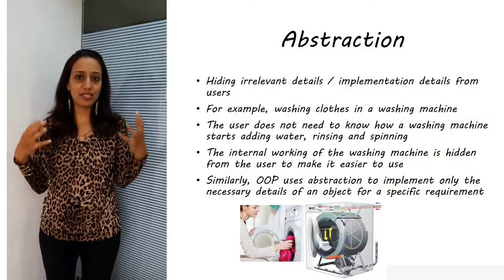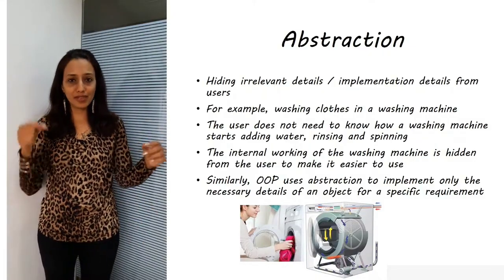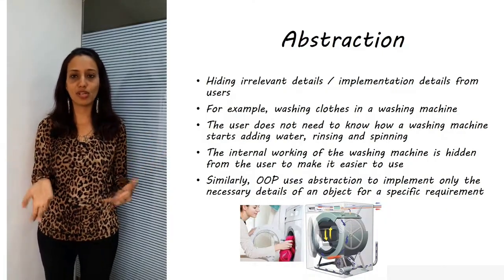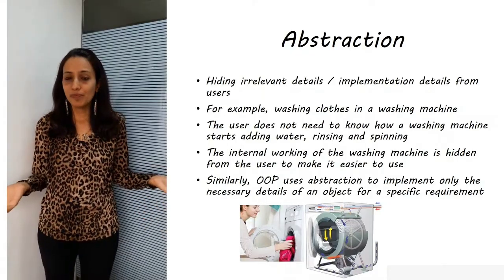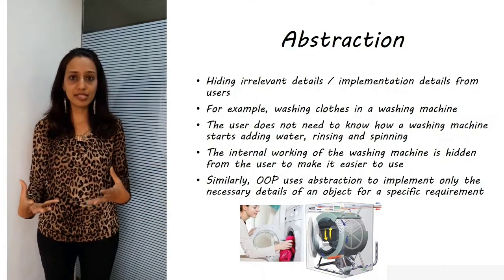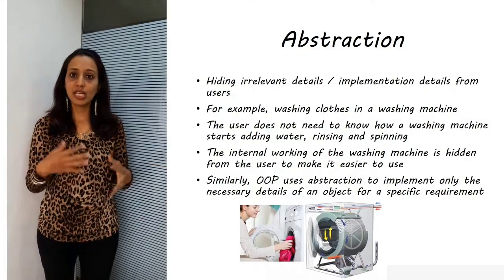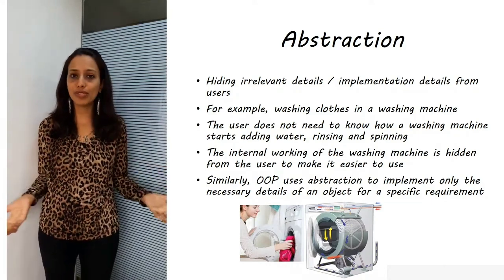What we do is we dump the clothes into the washing machine, we put powder in it, and we just click the buttons given on the digital panel as per the instructions, and the rest is the job of the washing machine. In short, the implementation details of what exactly happens inside the washing machine to wash the clothes are not shown to the user, and are not known to the user.